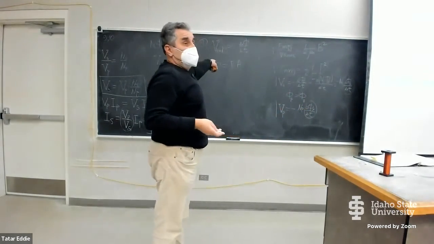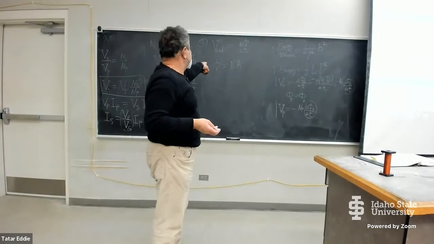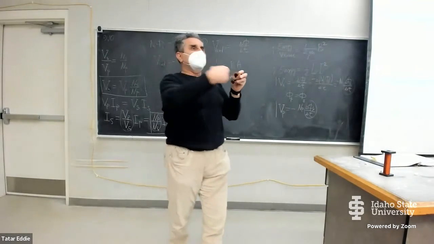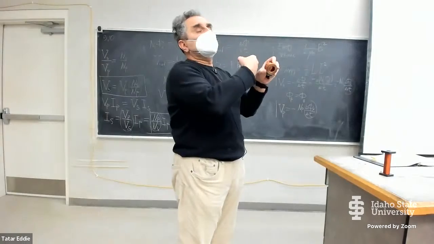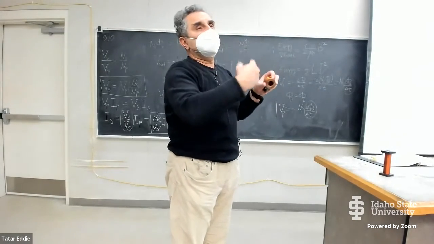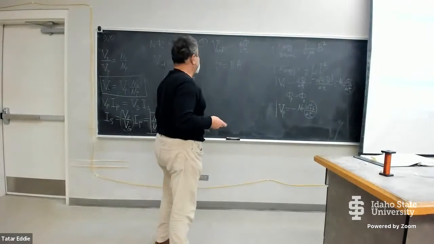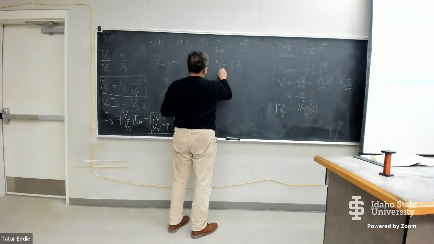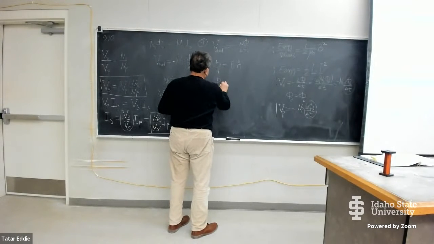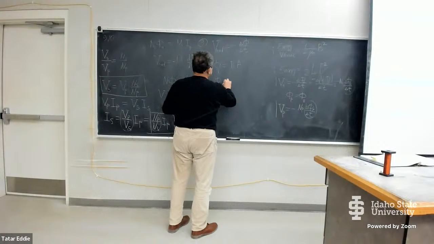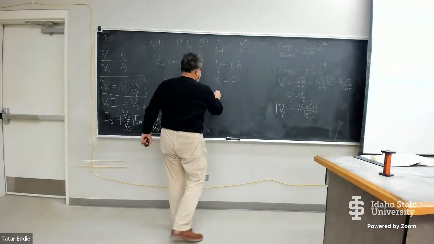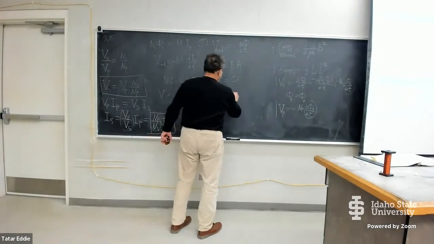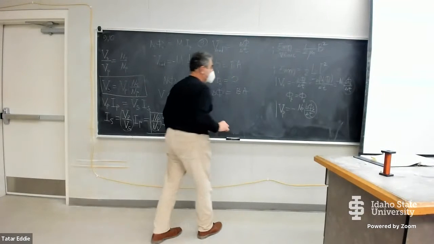So in the formula that defines the magnetic flux, the cosine of the angle between the magnetic field and the normal to the area is 1. The angle is 0, cosine of 0 is 1, so I'm not writing it. So this is the initial flux. The final magnetic flux, when the power stops, is 0. In other words, the change of magnetic flux is equal to the magnetic field multiplied by the area.